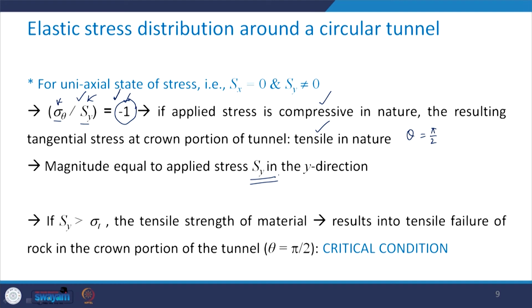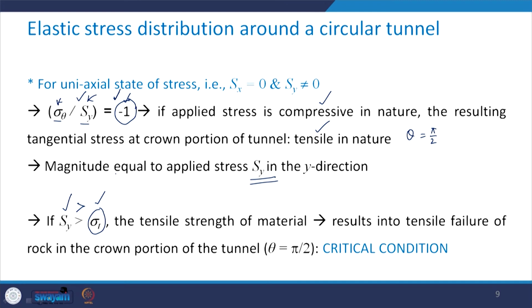Now, let us say that this applied stress in the y direction becomes more than the tensile strength of the material, which is represented by sigma t. What do we mean? That is, Sy is more than sigma t. Then what will happen? Stress is more than the strength in the same mode, which is in tension.